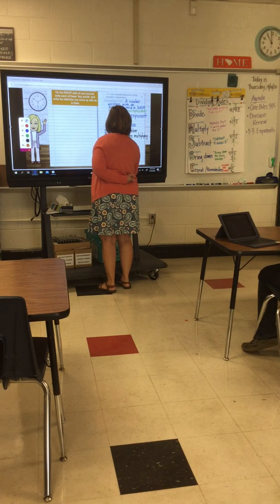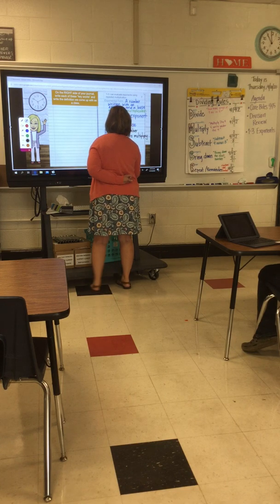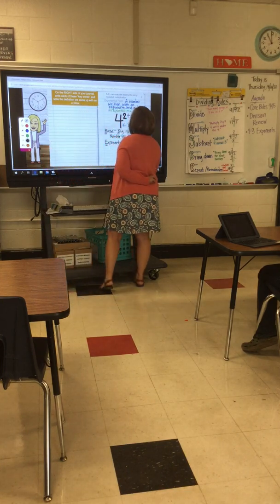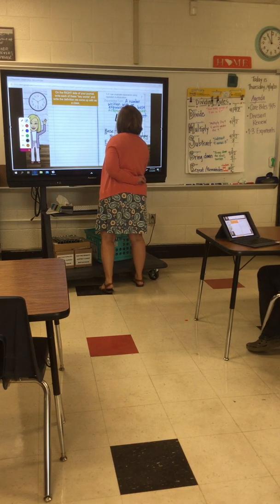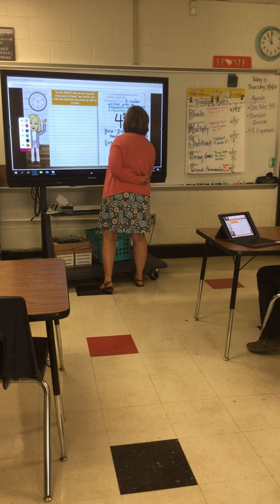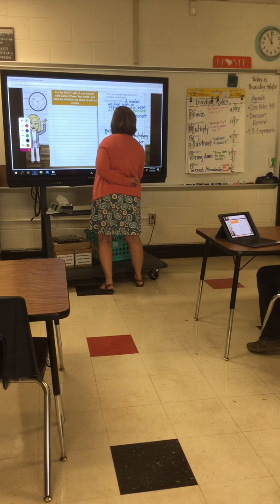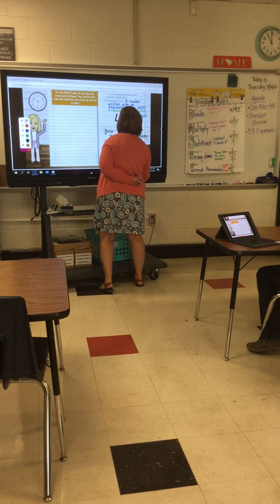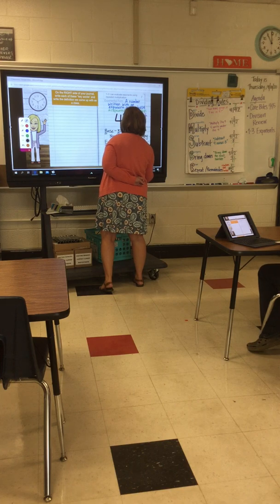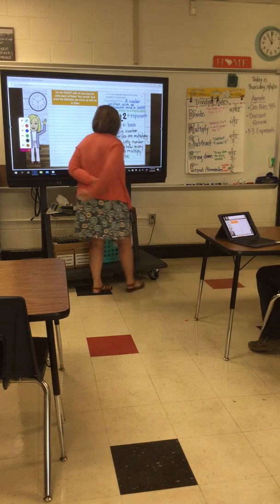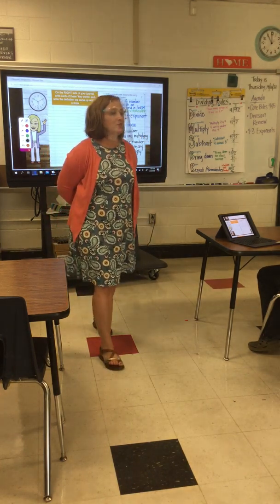The exponent is the little number. E and E, little. And it tells you how many times to multiply the base.